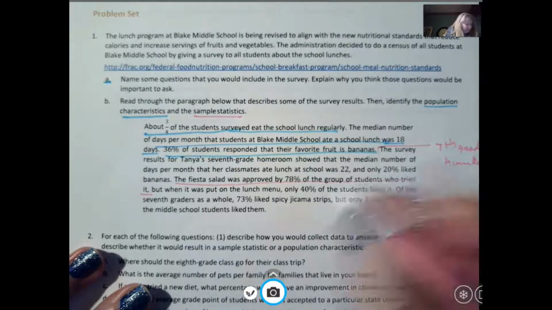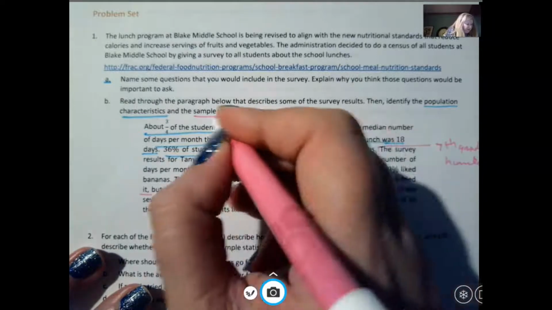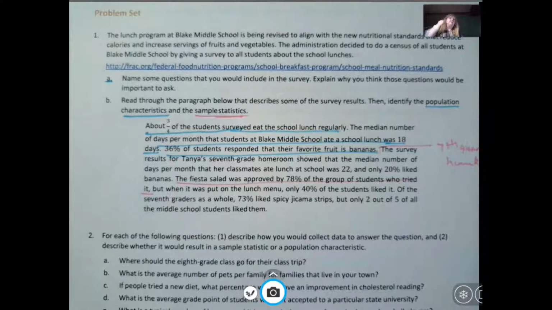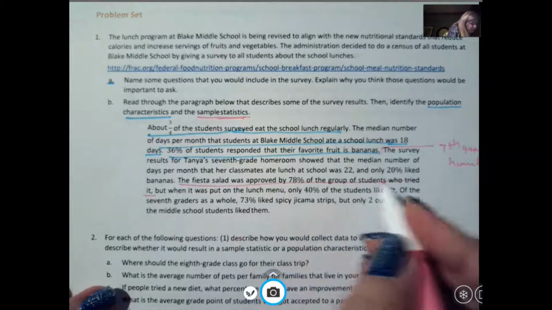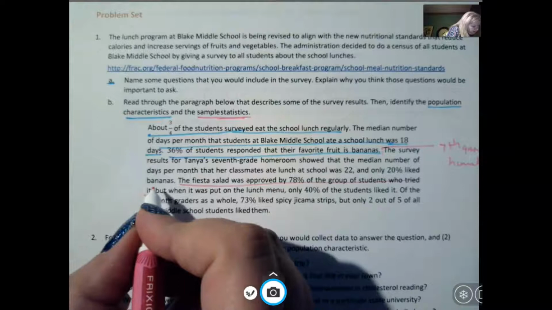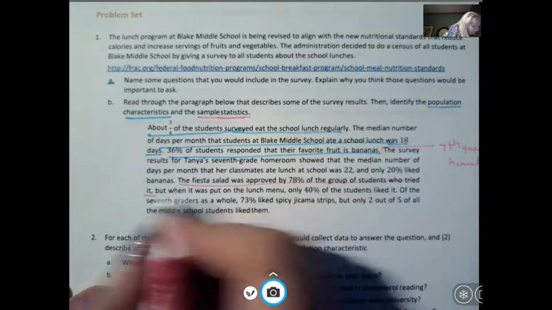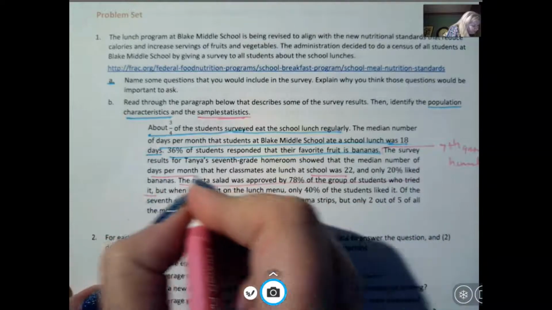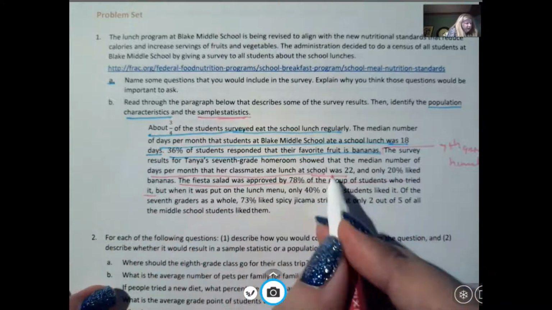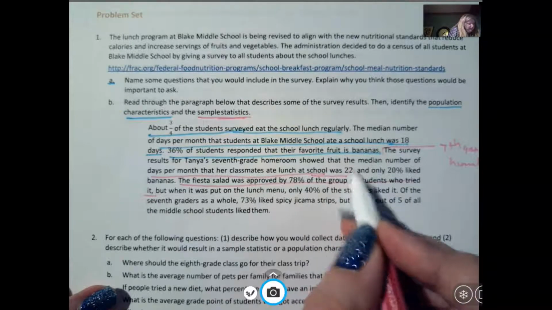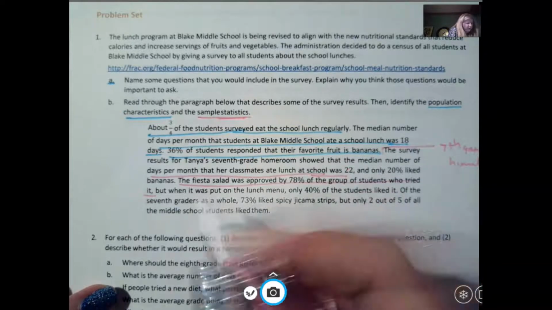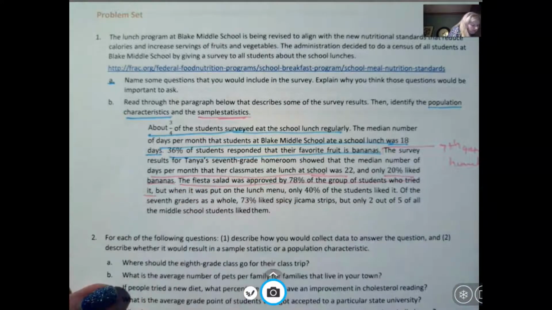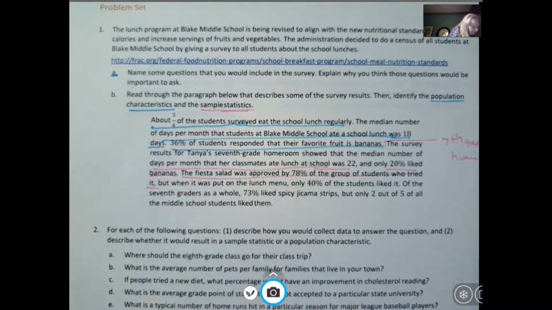Okay, so that's when we switch to the sample as opposed to the beginning of this paragraph where it is the population of the whole middle school. So in the 7th grade, it was 22 days out of the month, as opposed to the whole school, which was 18. 20% liked the bananas as opposed to the 36.